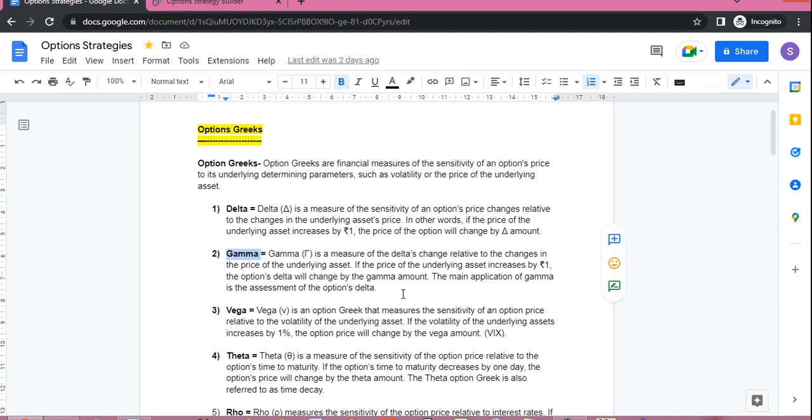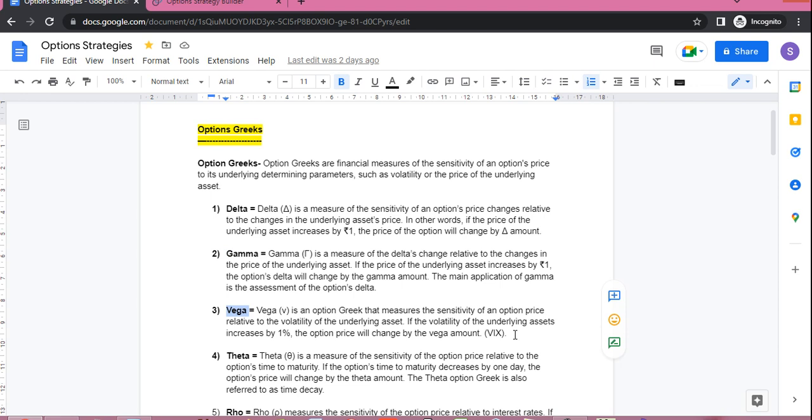Then if Nifty changes by 1 rupee, then delta will change by 2, and if delta changes to 2, then Nifty's option price will change by 2. So you can see by a small change of 1 rupee in Nifty, the Nifty's option price changes by 2, that is double the amount. So gamma can change option price rapidly. That's called the gamma effect.